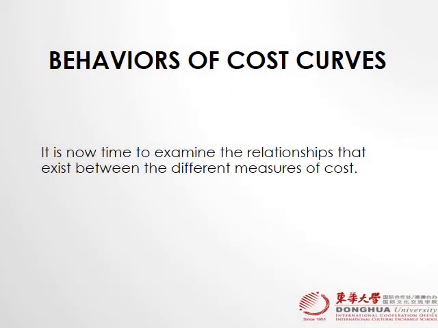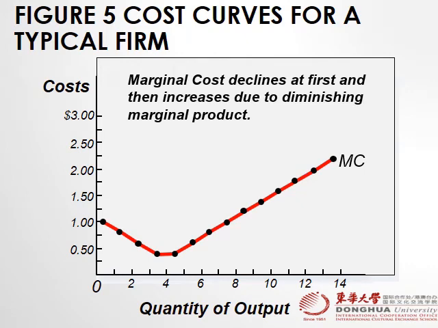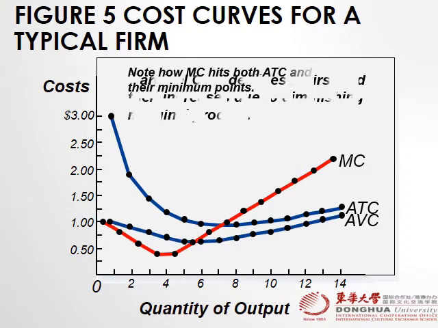Okay, now it's time to examine the relationship that we already discussed between the measures of cost. Here it is. We have MC, which is upward sloping. The average total cost curve is a U-shaped curve.